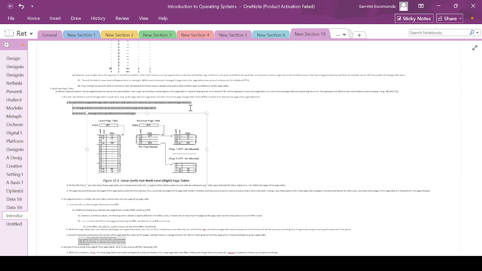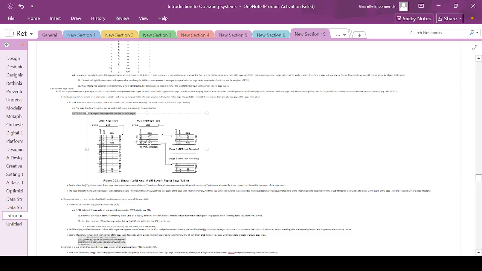So what is the physical address of that page of the page table, or that the entire page of the page table contains no valid pages, because again it tracks whether it's valid or invalid.